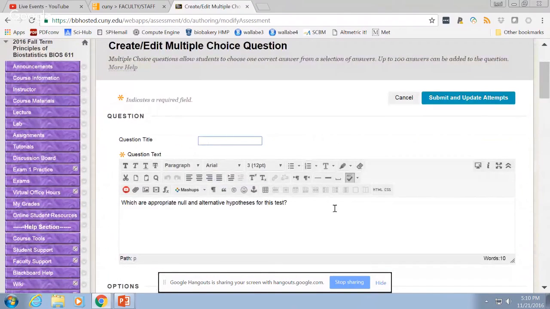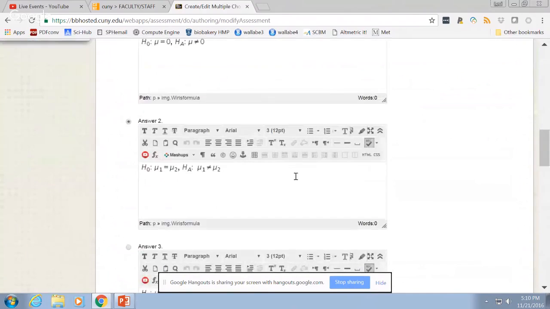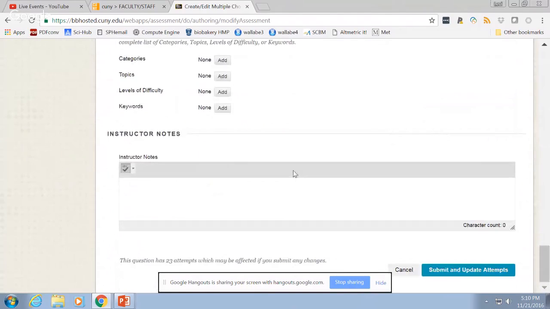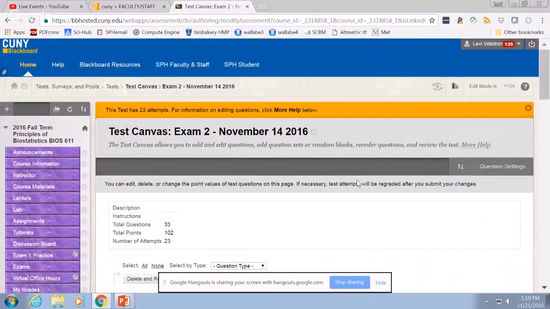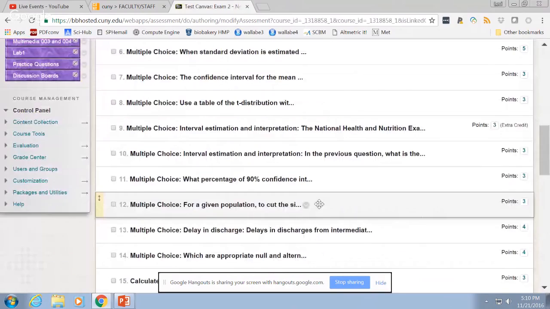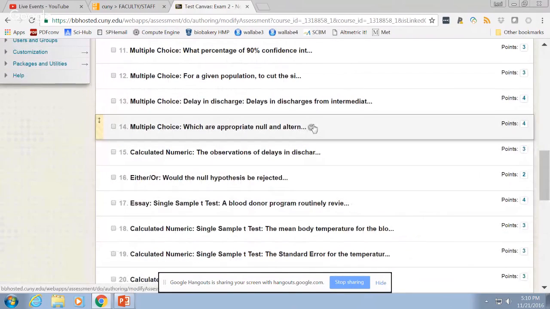What are an appropriate null and alternative hypothesis for the test? Actually, this isn't the one that I want to show because I put in a bunch of examples of acceptable and unacceptable answers. So I want to find one of those. Okay, oh yes, the delays in discharge.